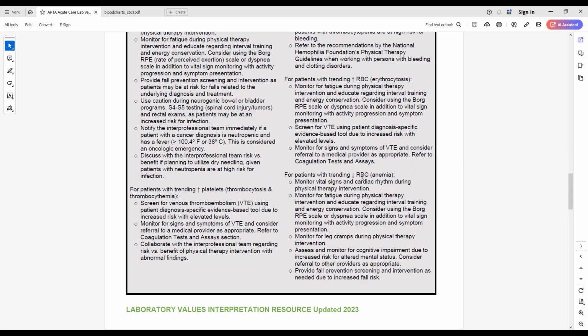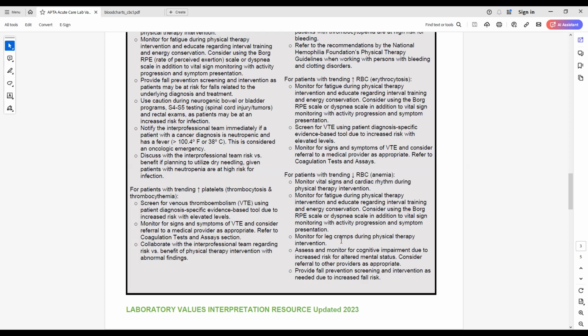For patients with trending reduced RBCs, or anemia, monitor vital signs and cardiac rhythm during physical therapy intervention. If there is any arrhythmia or any changes in vital signs, monitor for fatigue during physical therapy intervention and educate regarding interval training and energy conservation. Consider using the Borg scale to check with the patient with activity progression and symptoms.